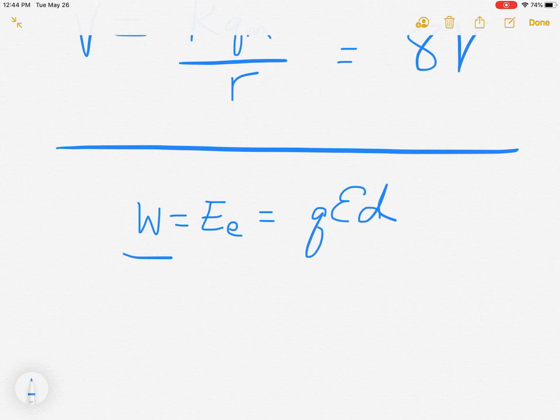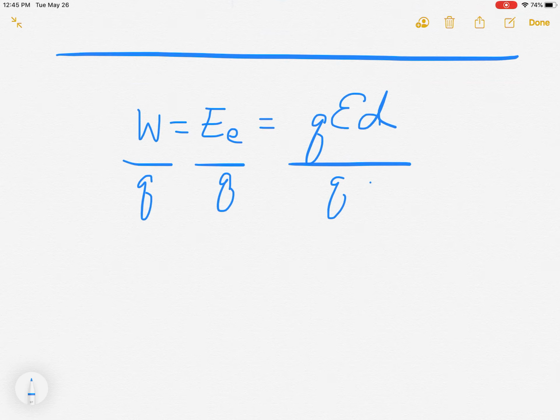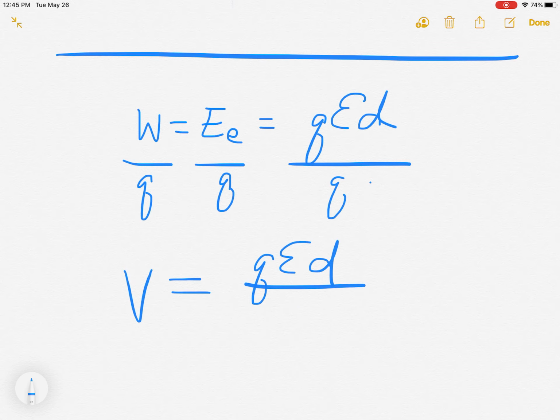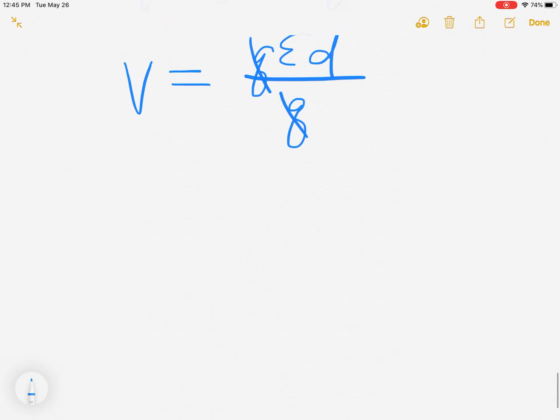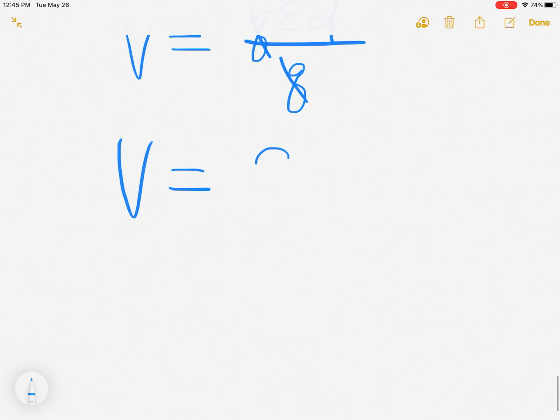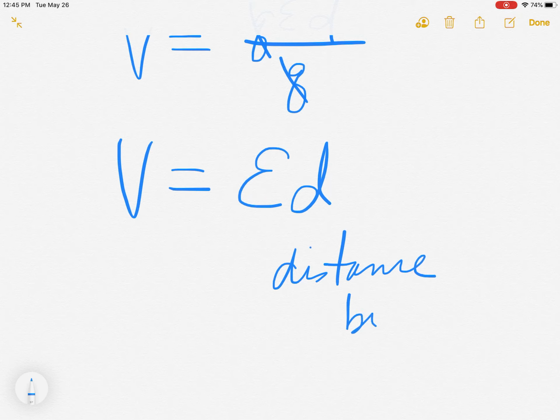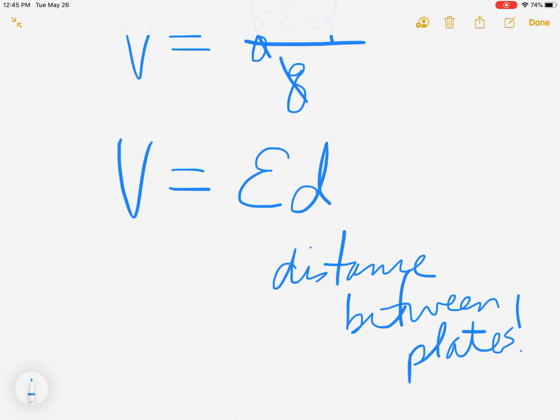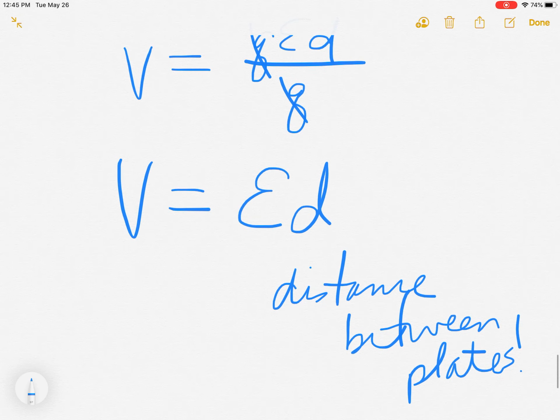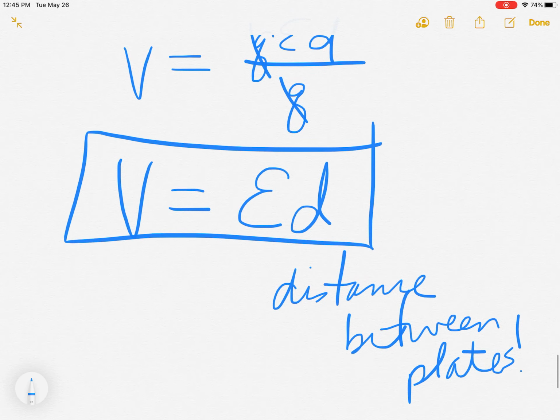So now, if we take this equation and we want to turn it into voltage, we would simply divide by Q, because voltage is energy over charge. So what we get is the voltage is equal to QED over Q, which cancels, and we get that the voltage is simply equal to the electric field strength times D. And D is the distance between the two plates. So for parallel plates, we can shortcut voltage even more with this equation right here.